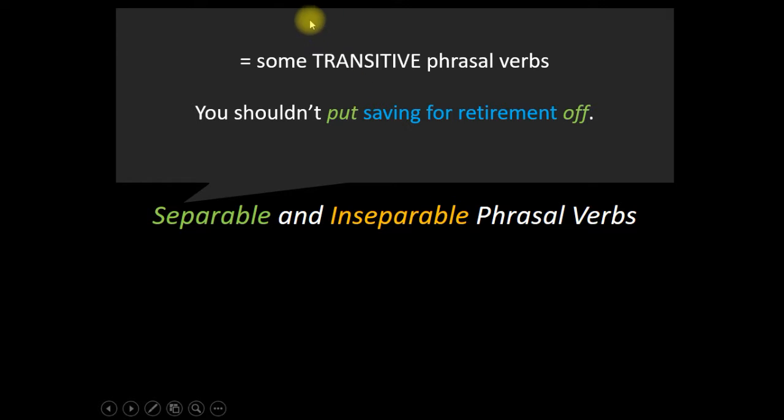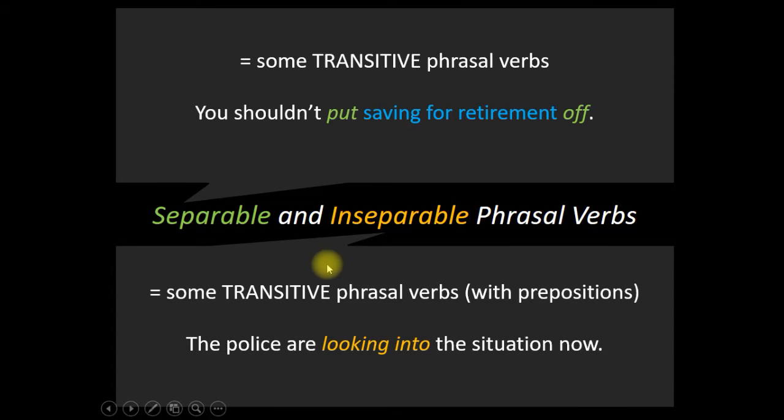However, like we said before, some transitive phrasal verbs, like put off, are separable. But some transitive phrasal verbs are also inseparable. For example, in some phrasal verbs, the second word functions as a preposition as opposed to an adverb. And in these cases, it's an inseparable transitive verb. So for example, the police are looking into the situation now. So we remember that look into means investigate.